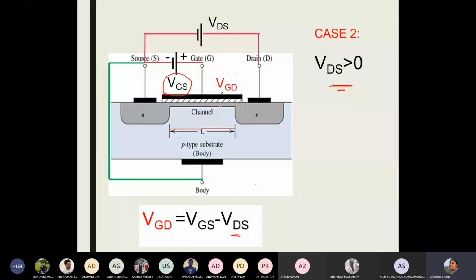That means the effective channel width will also be a bit less. So what I can expect is that right after the midpoint, the channel width will be a little bit less than whatever I had on the left side. Is this point clear, that the channel width starts to shrink as soon as VDS is positive?